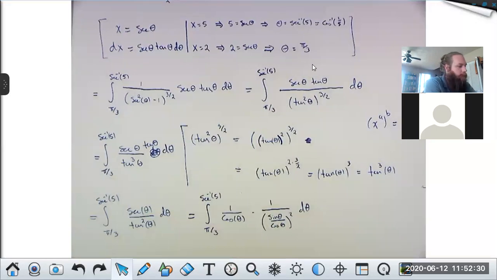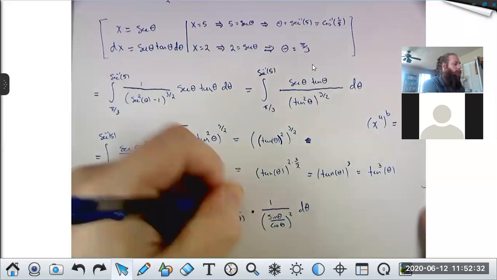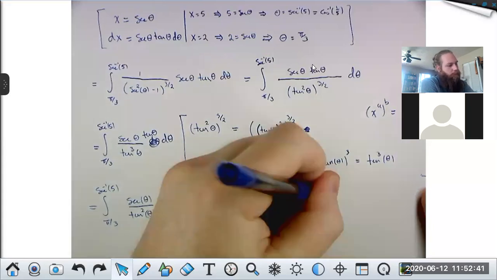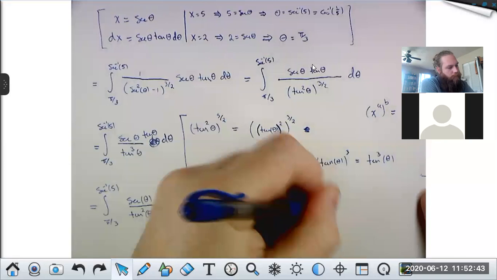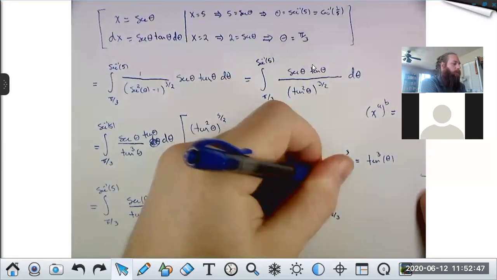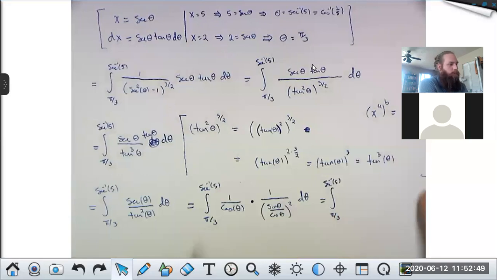This is multiplication here. So I'm thinking of this as secant theta times 1 over tan squared theta. So my 1 over cos theta is going to hang out.